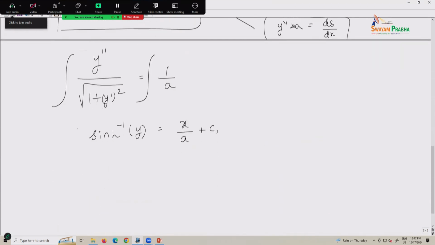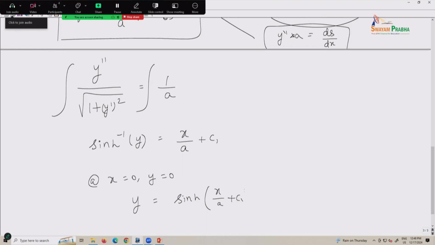Okay, so considering that at x equal to 0, y is 0, let us write the expression y dash equal to sine hyperbolic of x by a plus c1, correct? Just the same thing I have written this way. Is this a y dash or y?